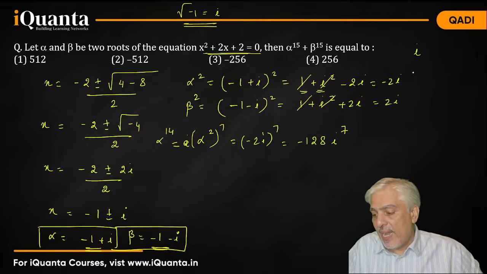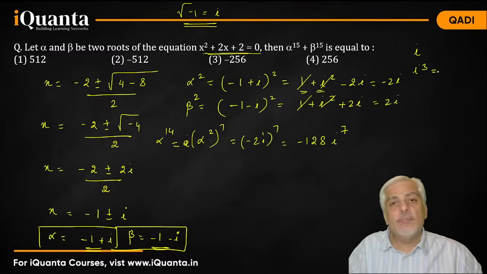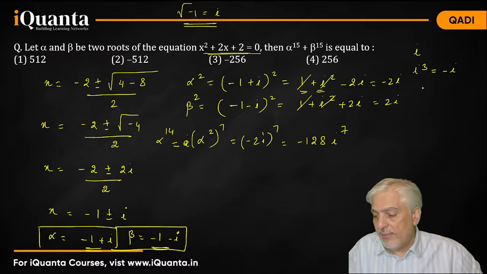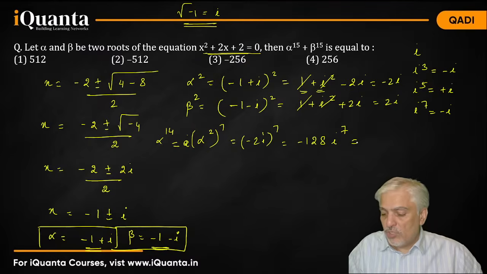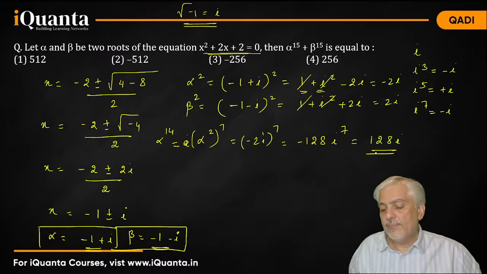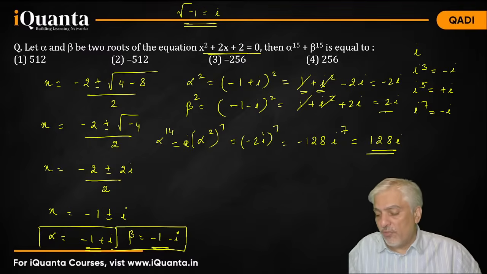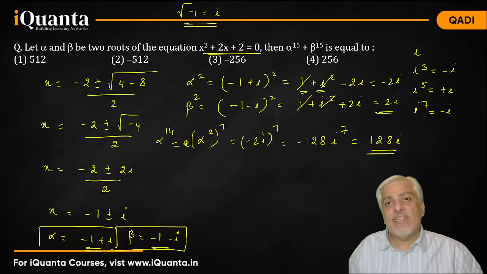I remains I, I cube is minus I, I raised to 5 is plus I, I raised to 7 will again be minus I. So therefore this will become minus I. So it will become 128I. Same way beta raised to 14 if I do, I'll get negative 128I.